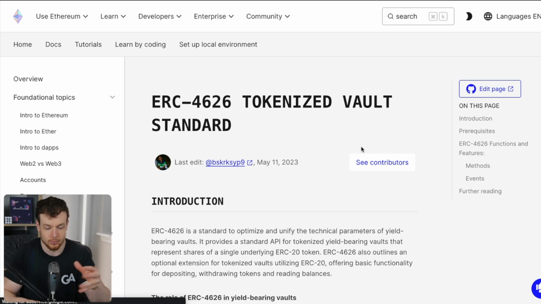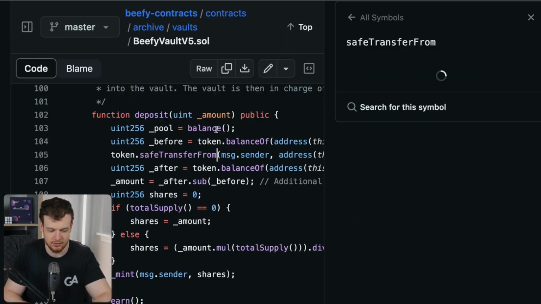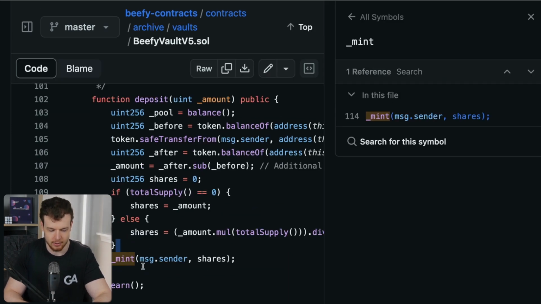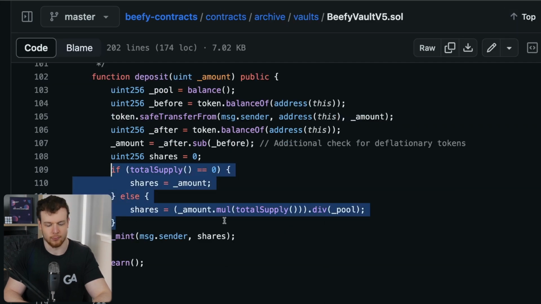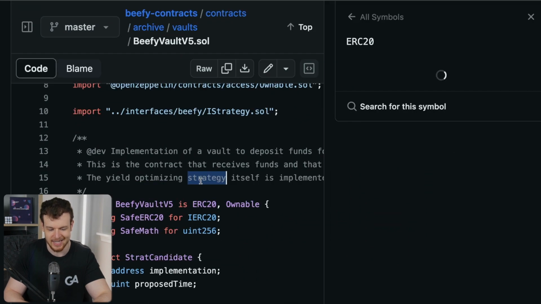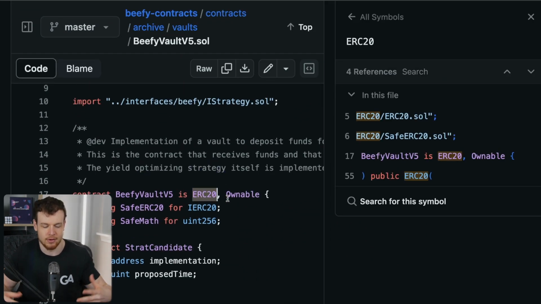And it is titled, as we can see here, the tokenized vault standard. And that is exactly what we are doing here in this deposit function, right? We are minting to the message sender a certain amount of shares that is dependent on this formula here. And of course, this vault contract is itself an ERC20 token, right? So this is the ERC 4626 idea.